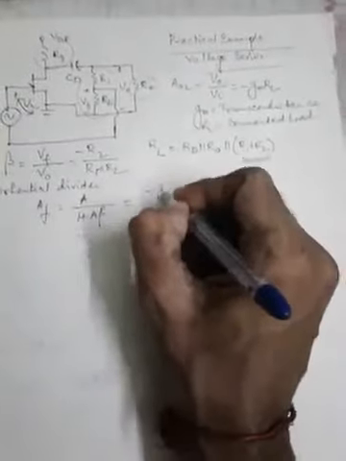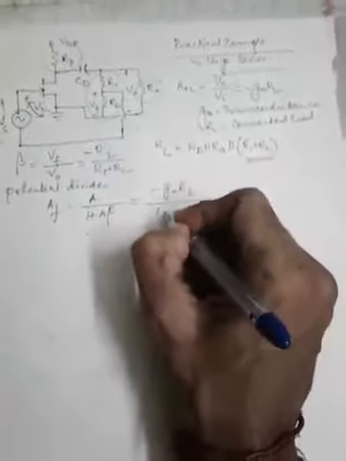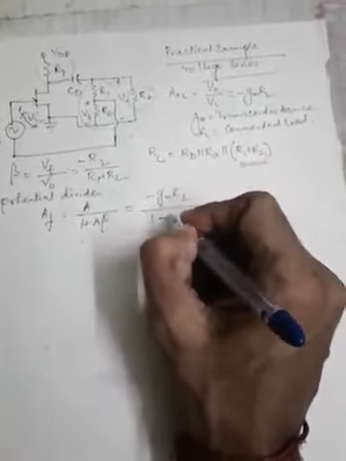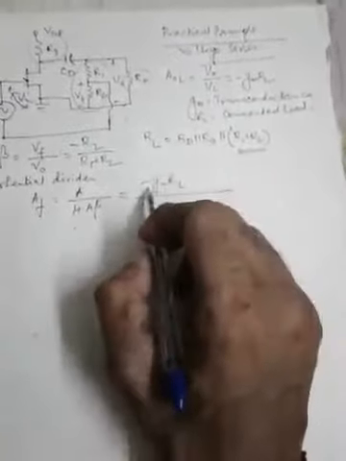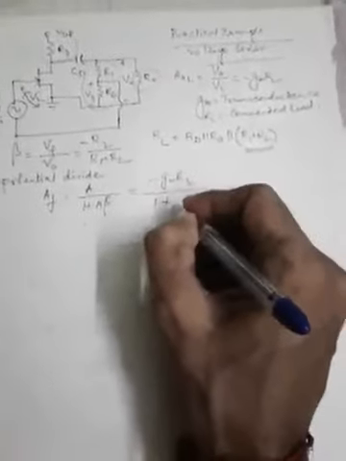So A is minus GM RL divided by 1 minus, this is minus because A has minus term and beta has minus term, so these two minuses will become plus, so this plus will remain as it is.